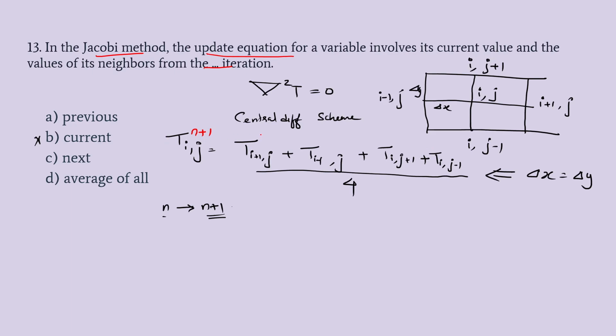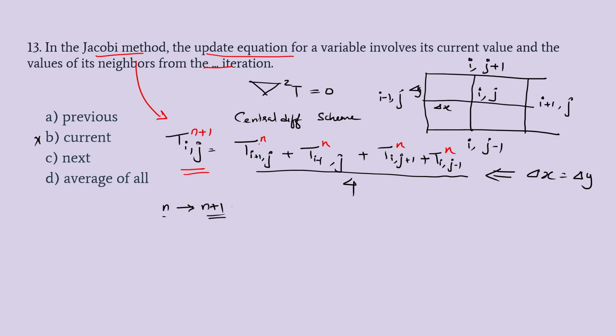If we are taking all from the previous values, that is all values of the nth step, from the neighboring cells, the upper cell, lower cell, left side, right side, or in compass directions, north, south, west, and east, from the previous step, such a method is known as Jacobi's method.